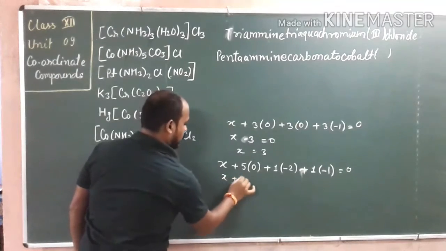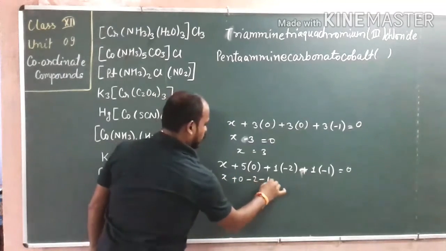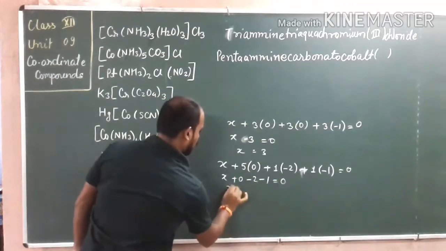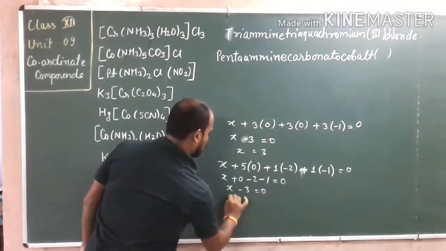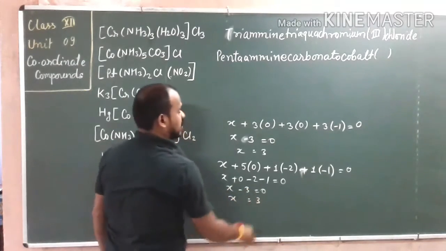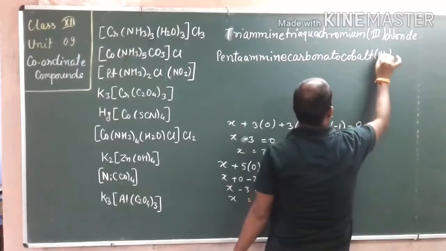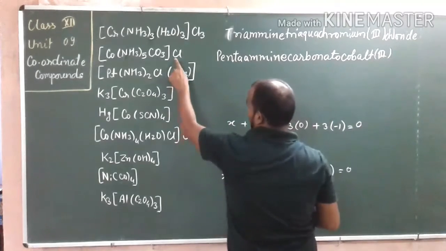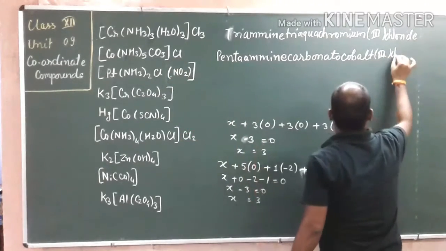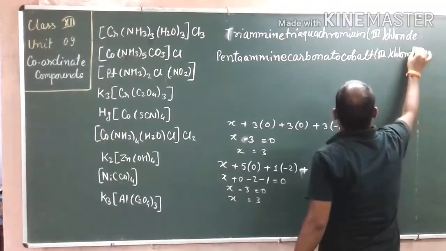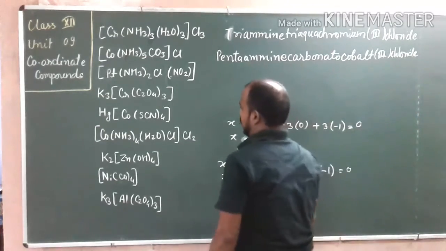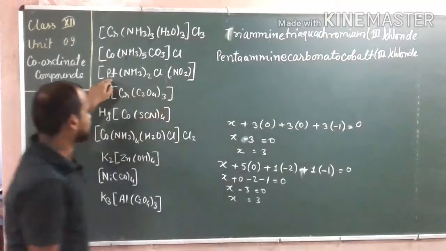So it will be X plus 0 minus 2 minus 1 equal to 0. So X minus 3 equal to 0. This X is equal to 3. So the oxidation number is here 3, and since it is Cl, so it will be only chloride.